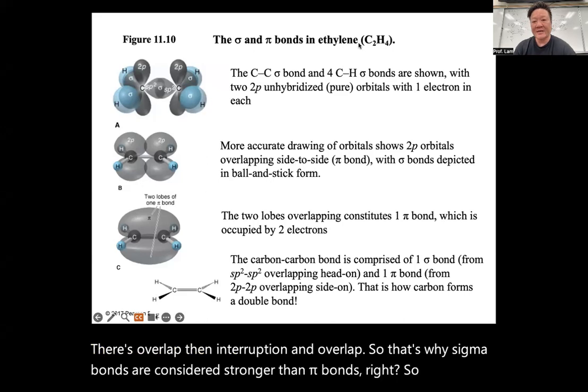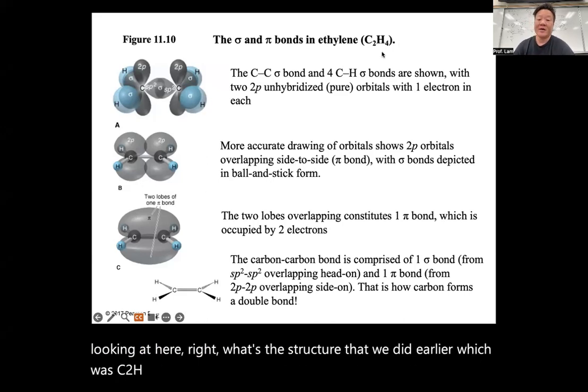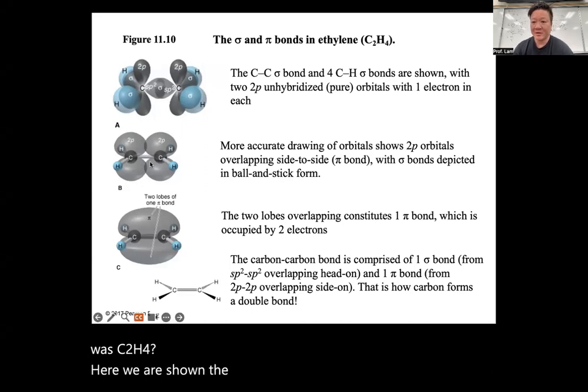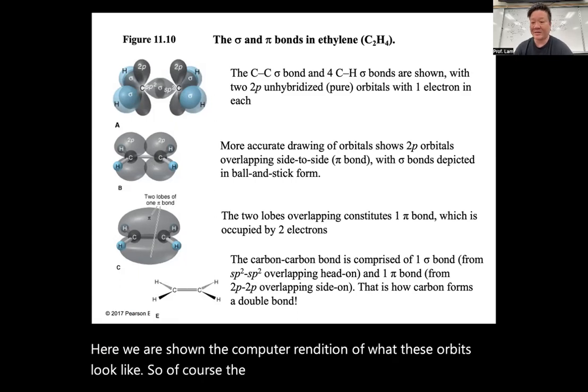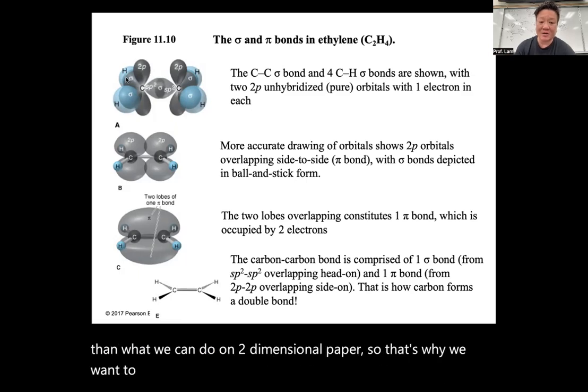So what you're looking at here was the structure that we did earlier, which was C2H4. Here we are shown the computer rendition of what these orbitals look like. Of course the computer is going to be more accurate than what we can do on two-dimensional paper, so that's why we want to look at these models, right?